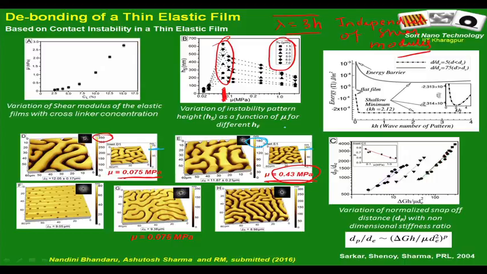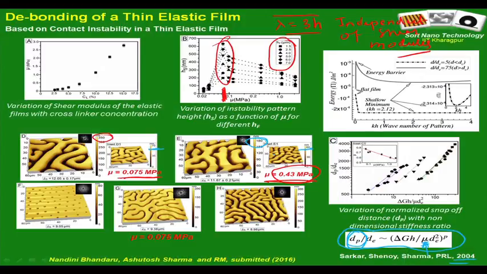There is a certain theoretical formulation by Professor Sharma's group, which suggests that as mu decreases, the snap off distance increases. There is a latest Physical Review paper in 2004, which gives this. I will not go into the details of this, but it is already there.